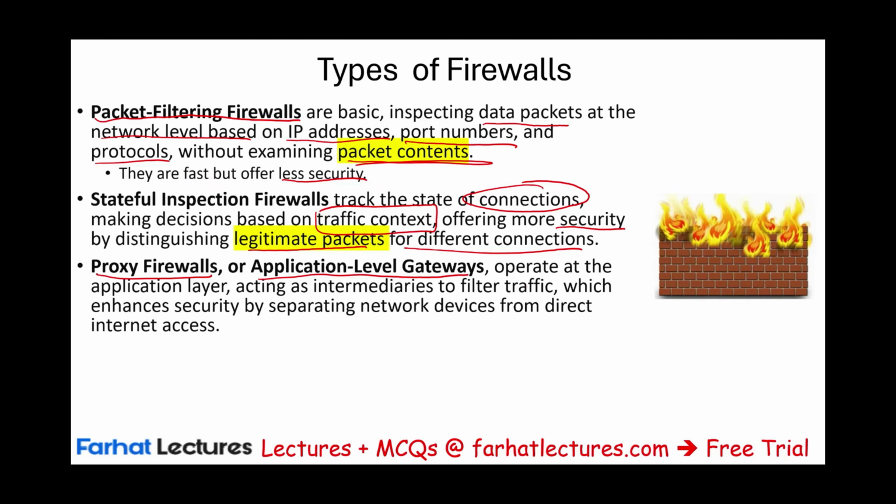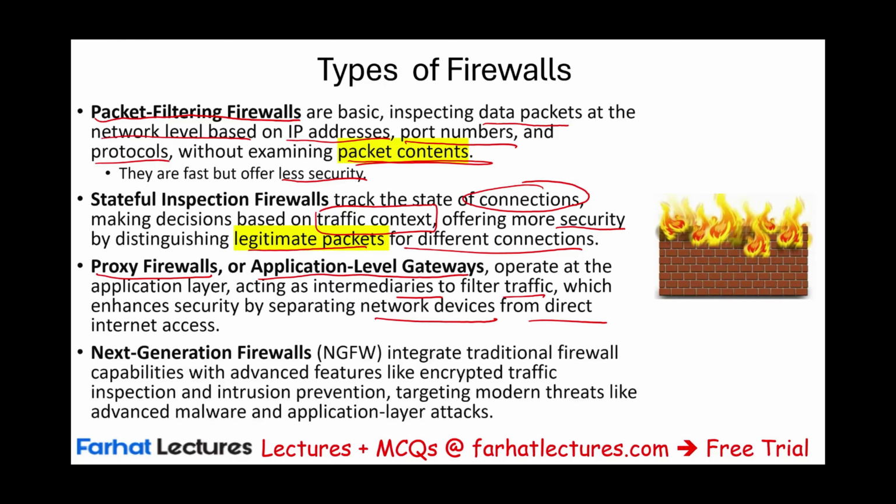Obviously, application level means they operate at the application layer, acting as an intermediary to filter traffic, which enhances security by separating the network device from direct internet access. Here, right on the application level, you're separating the outside traffic.